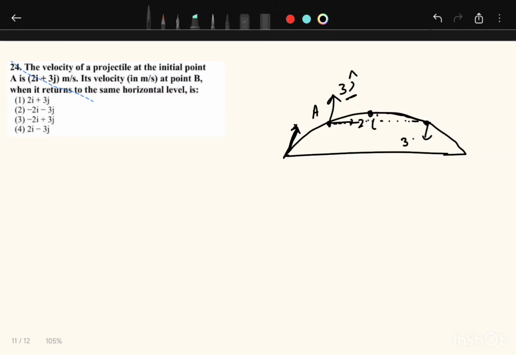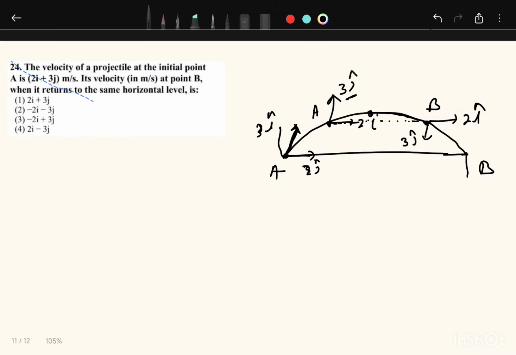So this time it will be 3j cap, and the velocity vector in x direction will be the same as the previous one. Okay. If we take the point A here and point B here, then also we can say the horizontal level is the same, right?